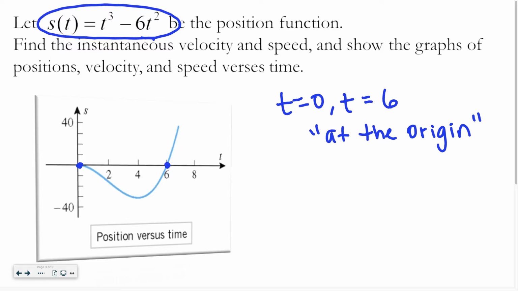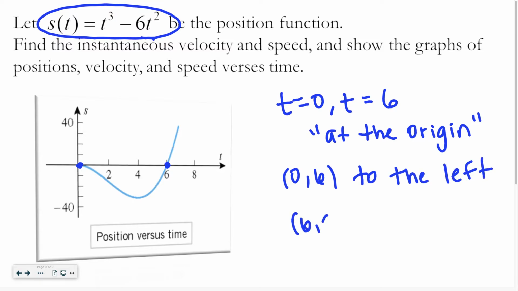So we are to the left from 0 to 6, and we are to the right after 6. Now, I'm not describing the direction in which we are moving. I'm just saying our position relative to the origin is either to the left or to the right.